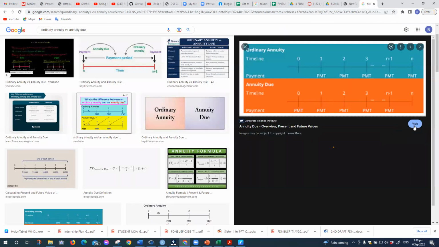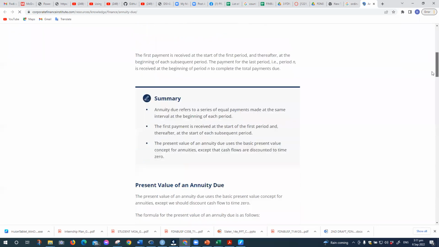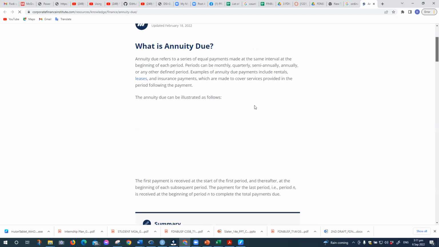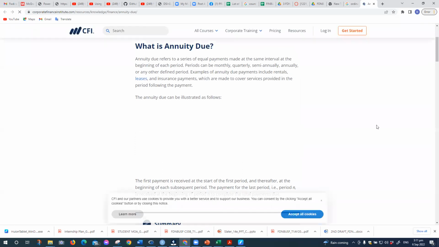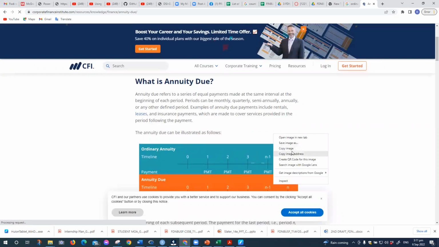Ano nangyari dun sa... Okay, it's taking some time. Okay, let's visit this site. Very sorry guys, I don't know if it's the weather or... see, it's taking some time to load. Yan, annuity due. See, yan to. Let's wait for this. Yan, okay. Can I copy this? Copy image.